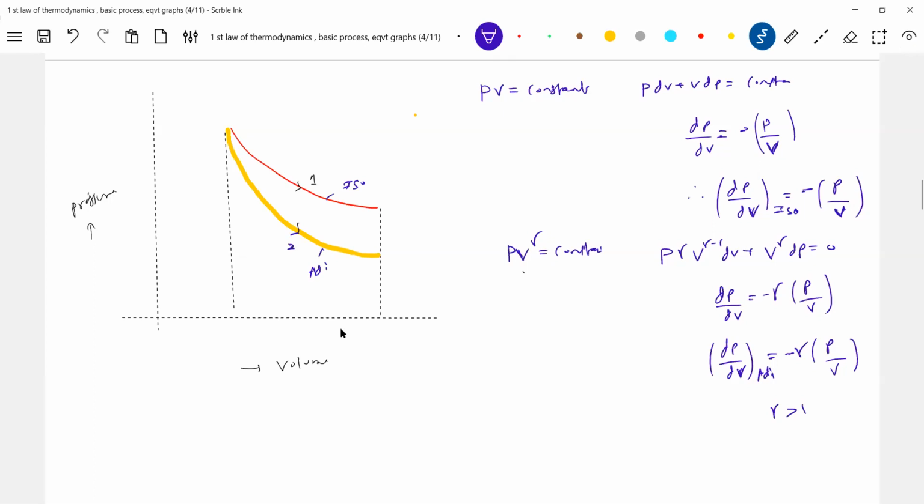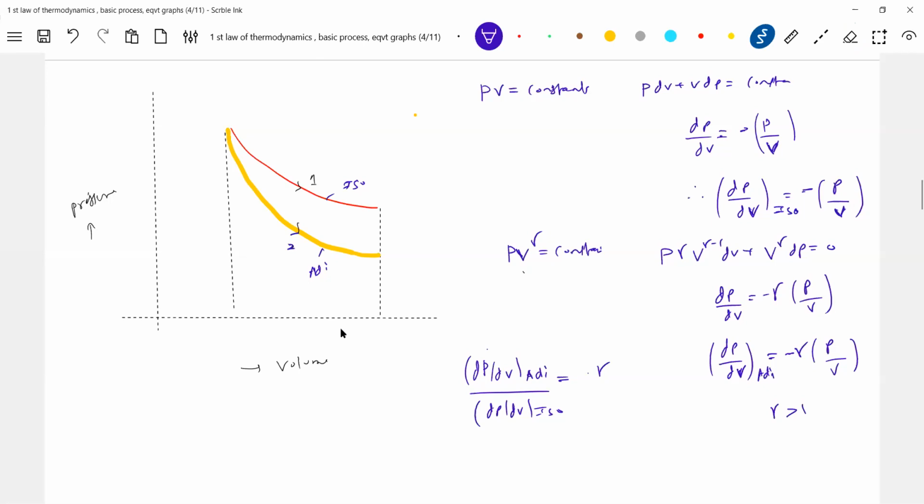How can you say the slope of the adiabatic curve is more? Let me divide these two equations. So what do we get? I get gamma. So which slope will be more in magnitude? Don't think in terms of mathematics; I'm asking you to compare in terms of magnitude. So the slope of the adiabatic curve will be more than that of the isothermal.